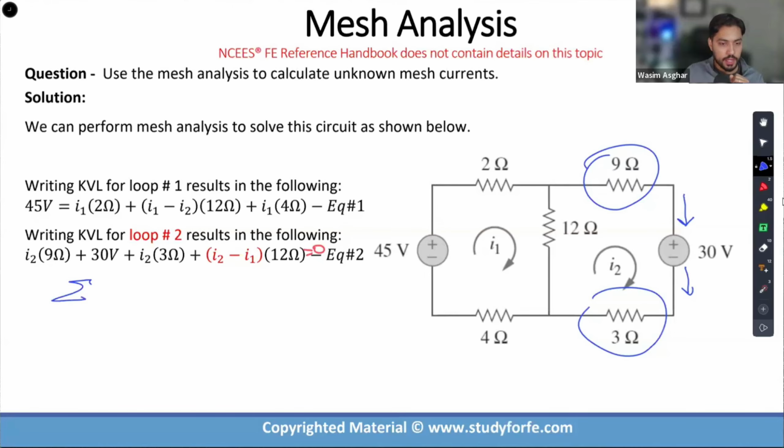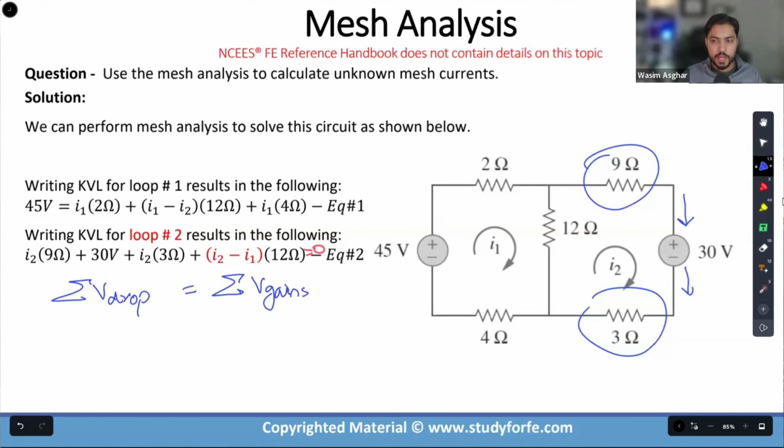So if I am collecting all the voltage drops on one side of the equation and all the voltage gains on the other side, I will end up with the 9 ohm times I2 voltage drop, 30 volts as a voltage drop, and I2 times 3 ohms as a voltage drop.